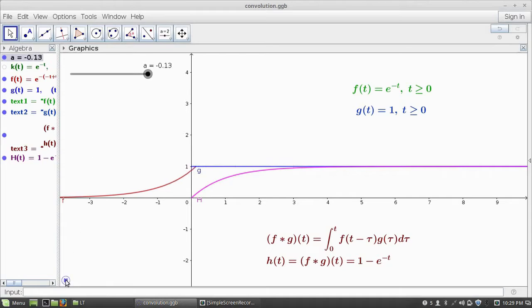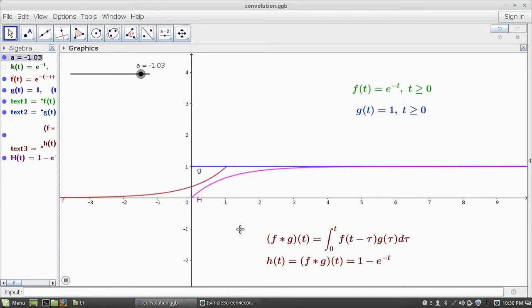This is a moment of f(t minus tau), and this f(t minus tau) is every time multiplied with g(tau) and continuously added, which is stored to (f star g)(t). See the third function: the convolution product f star g equal to 1 minus e raised to minus t is an entirely different function from f(t) equal to e raised to minus t and the constant function g(t) equal to 1.